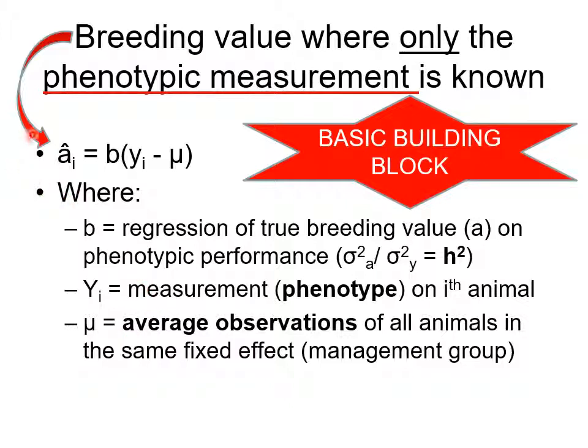So the breeding value of an animal i equals what we call a b, we'll just get to that, multiplied by the actual weight of the animal, or the observation of the animal, minus the average of the group effect. So just to be practical, if the group weighs 200 kilograms on average and a specific calf's weight is 210 kilos, that would be 210 minus 200, which gives you 10 kilos, multiplied by something.